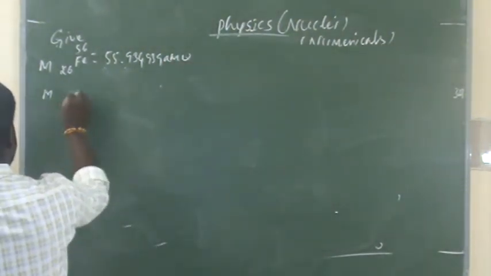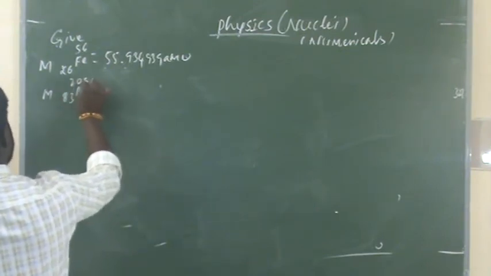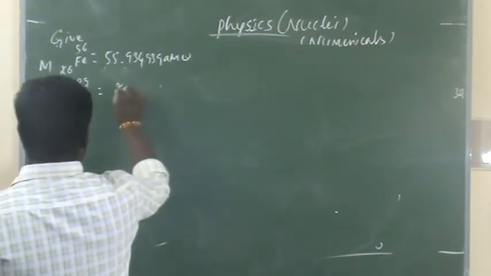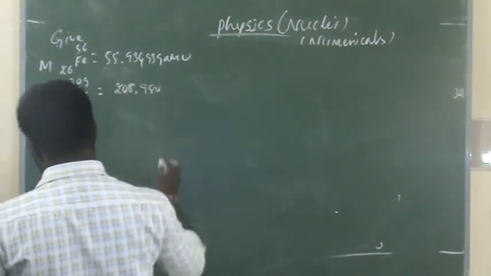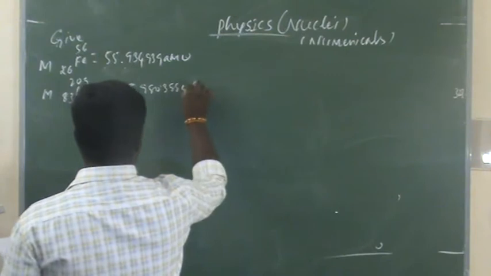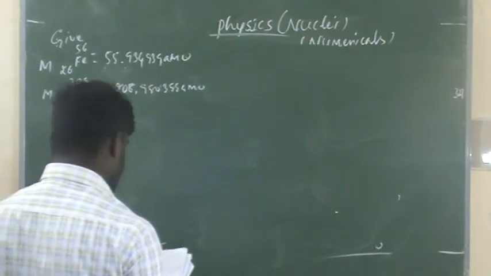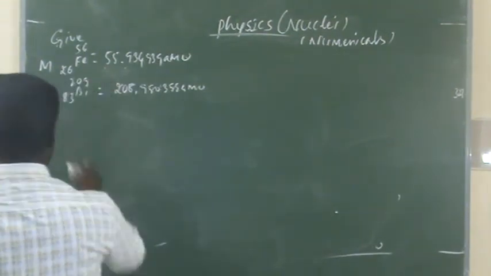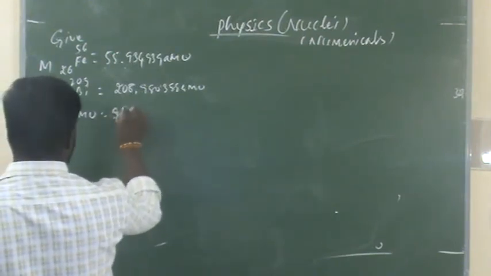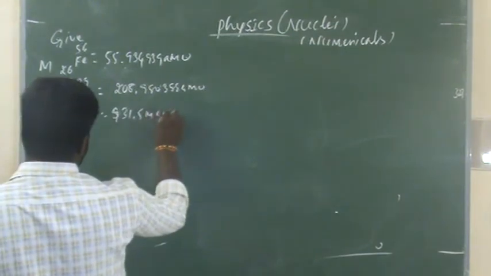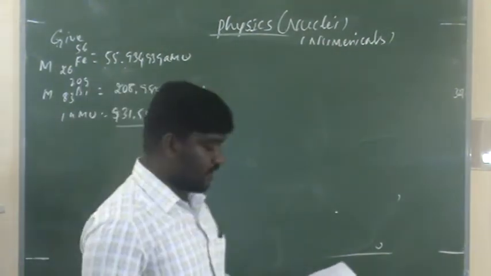Again, the mass of 83 bismuth 209 is equal to 208.980388 atomic mass unit. Next, which nucleus has a greater binding energy per nucleon? 1 AMU is equal to 931.5 MeV. These are the given things. So first, what is asked is to obtain the binding energy of nuclei.